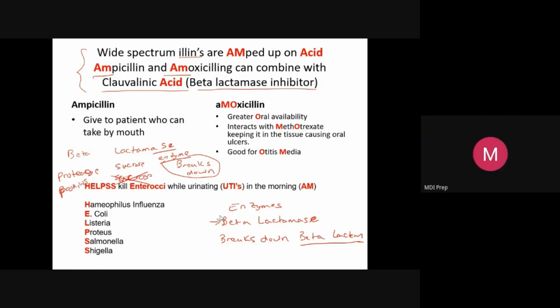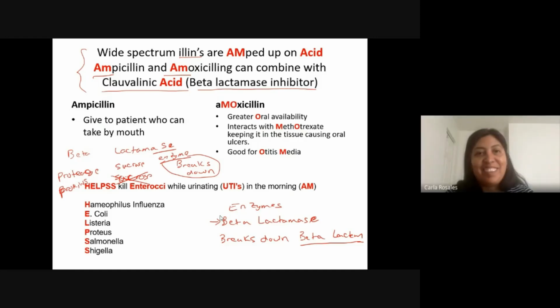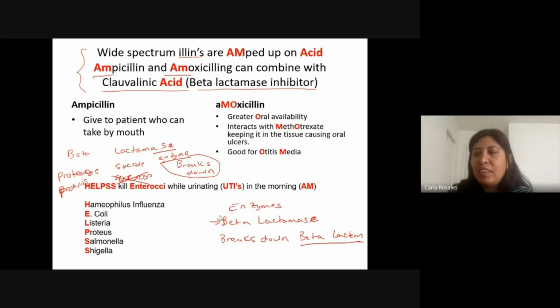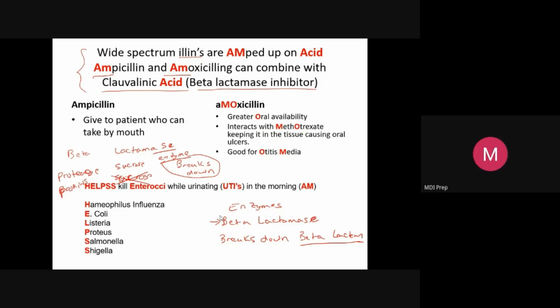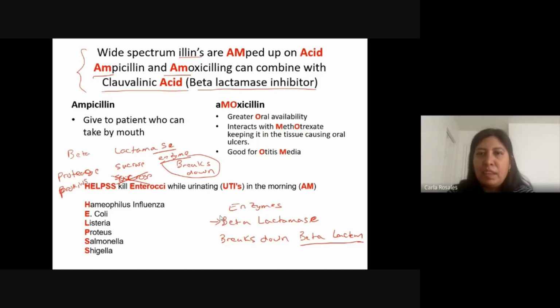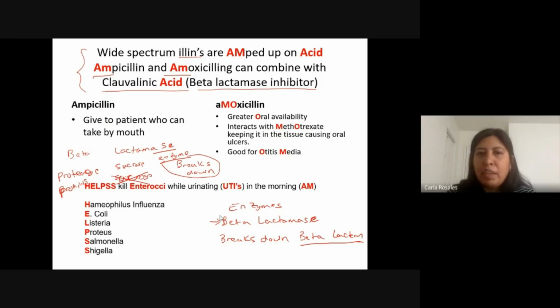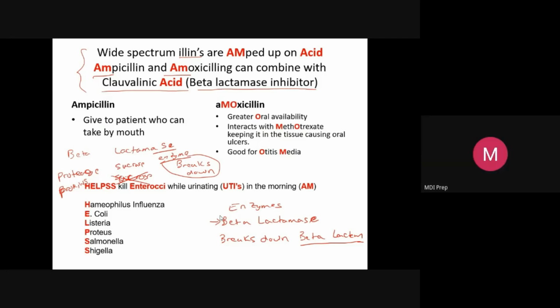No, you got it. Just think about how we said it. First of all, what is beta-lactam? Where do you find it? It's the structure of the penicillin. Good. So what does beta-lactamase do? It breaks the structure of the penicillin. Very good.